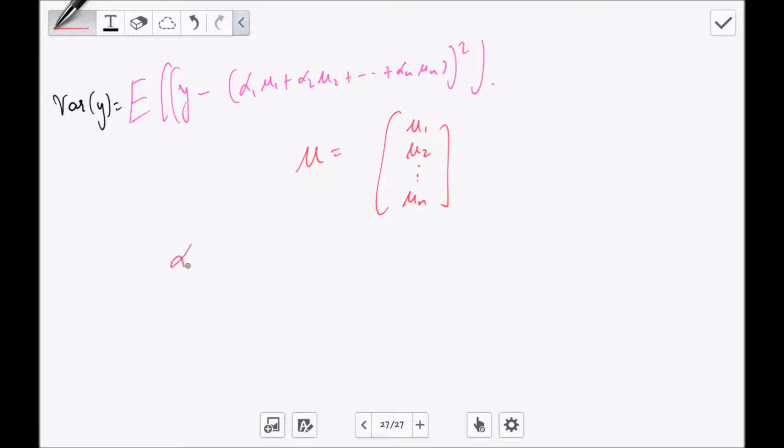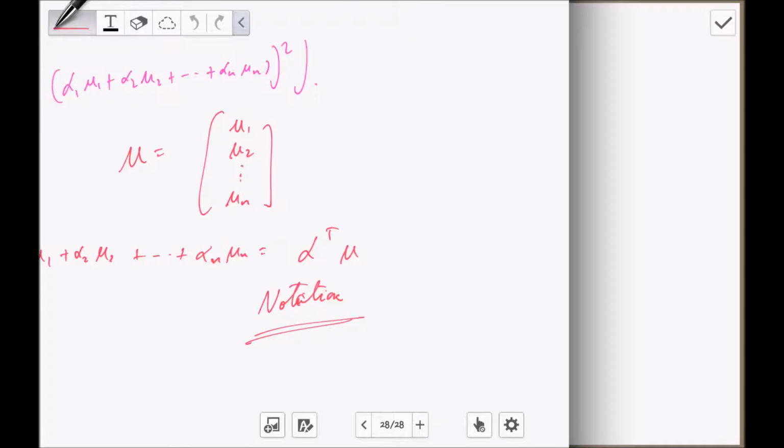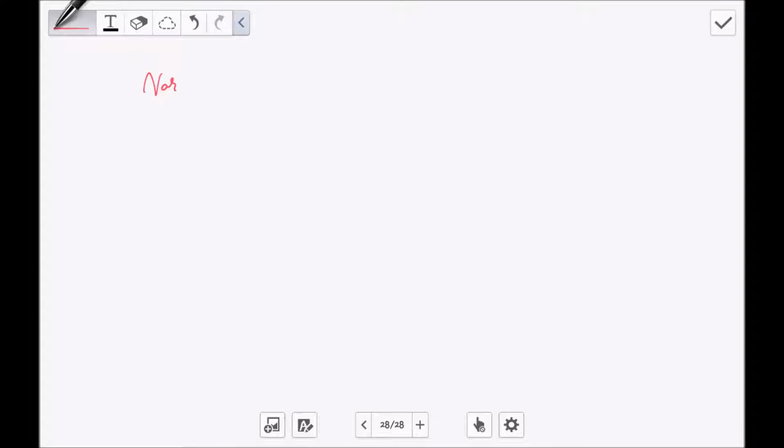So alpha 1 mu 1 plus alpha 2 mu 2 plus so on up to alpha n mu n will reduce to alpha transpose mu. Fine. So what do we have here? The variance of y is E of y minus alpha transpose mu, whole squared.